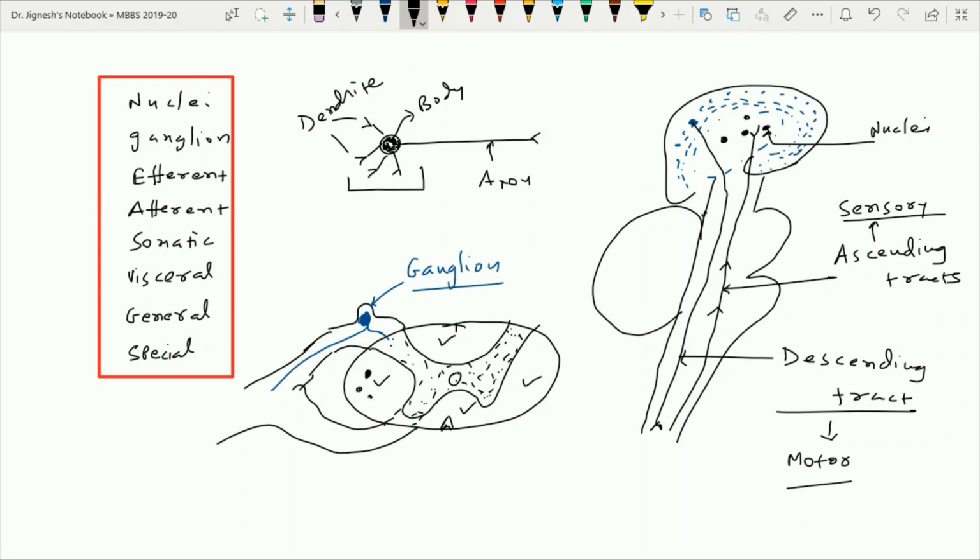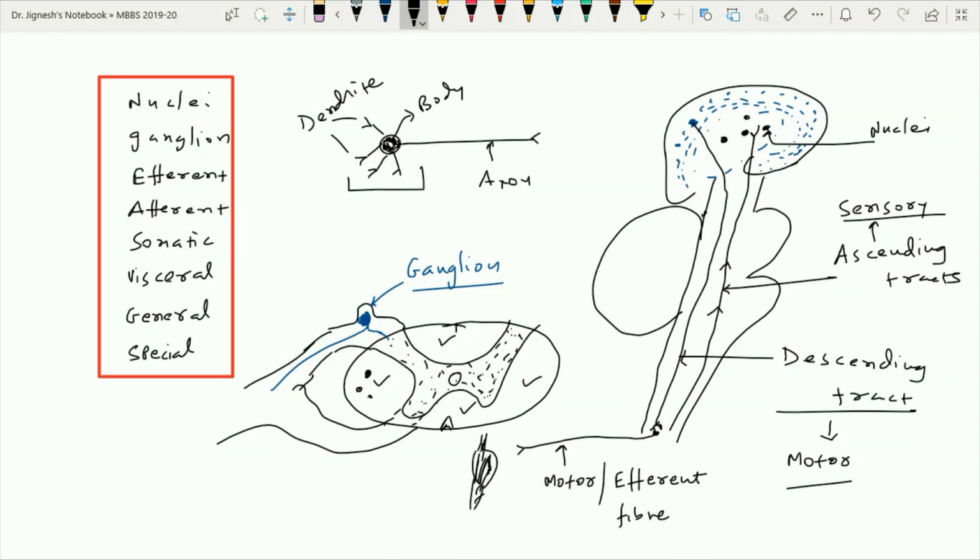So when this descending tract relays into the spinal cord, from there the motor fiber passes through the spinal nerve to reach the effector organ and acts upon it. At that time this fiber is the motor fiber, or it is called the efferent fiber.